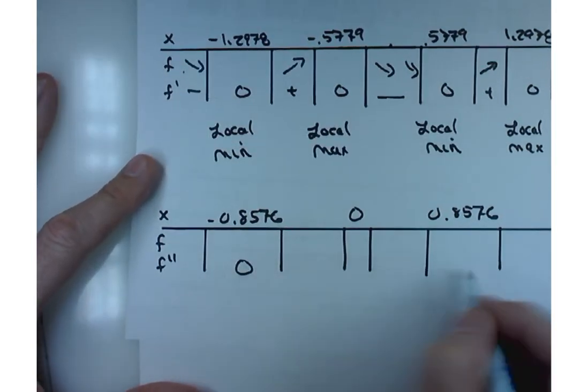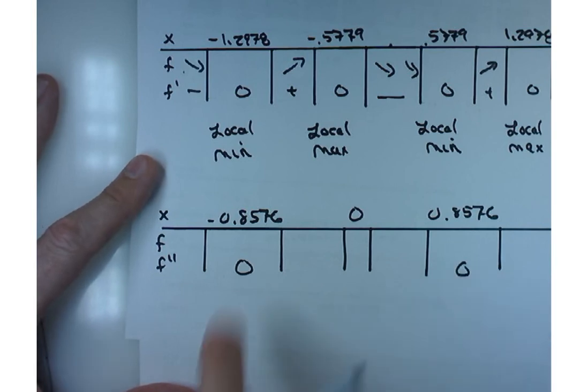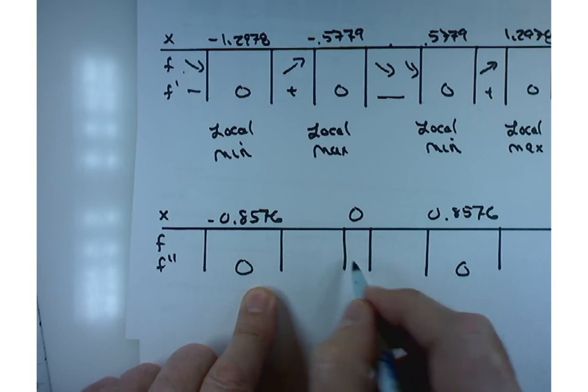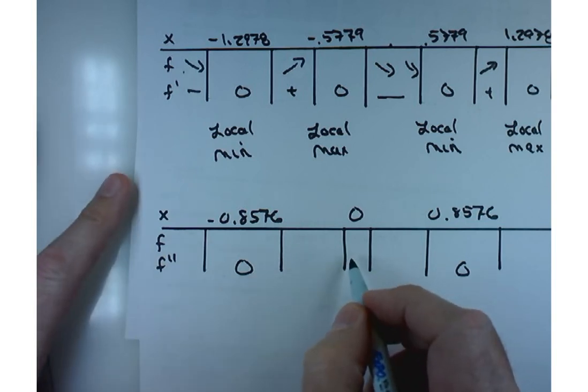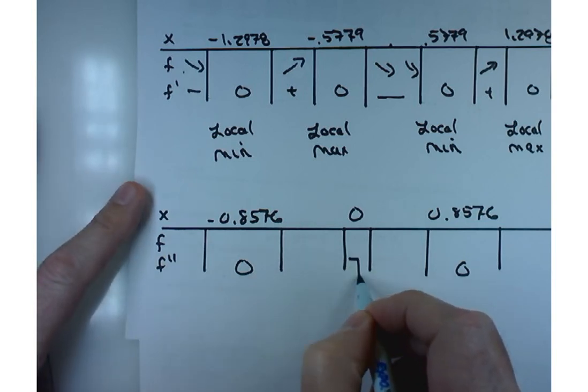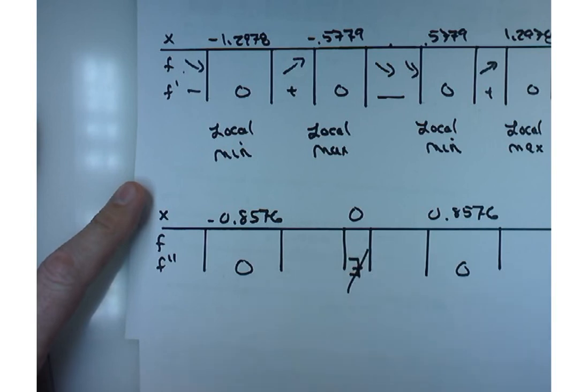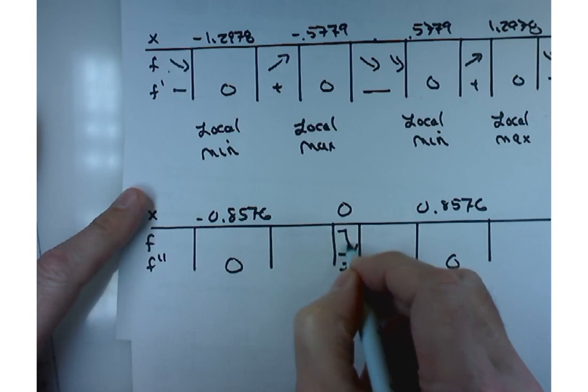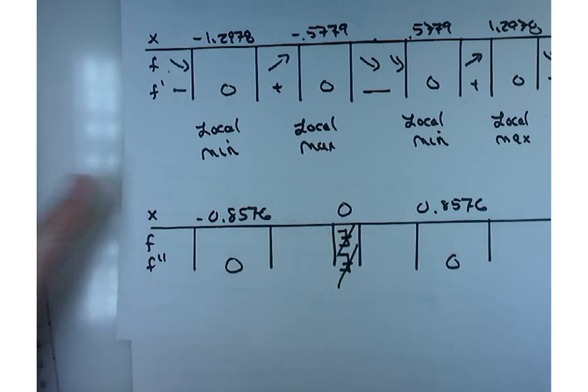This is, should say the second derivative is 0 and 0 here. Over here, do you remember my symbol for it does not exist? No, backwards E. The backwards E with a little slash through it. That point doesn't exist on the second derivative, nor does it exist on the first derivative because the first derivative is not defined, or excuse me, the function is not defined at that point.